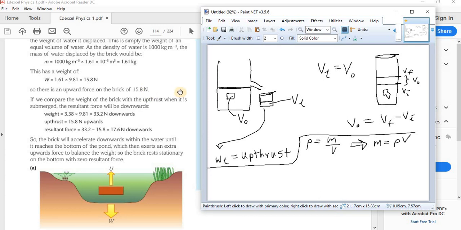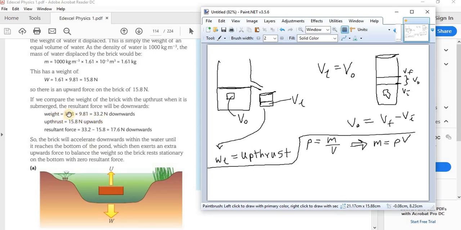This is what we call the upthrust. Upthrust is equal to the weight of fluid displaced, and this is the mass of fluid displaced. The volume of the liquid displaced is the same as the volume of the brick. Right, so we get this, and Archimedes' principle states that the upthrust is equal to the weight of fluid displaced. Now this W here is the weight of the brick.